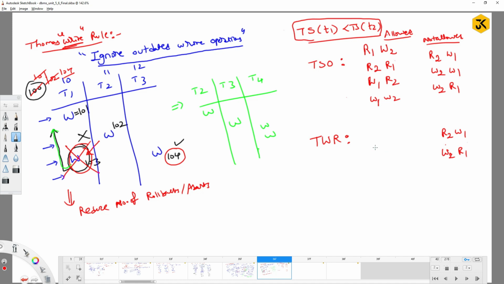So, can I say write 2 followed by write 1 is allowed? Yes, it is going to be allowed. Why is it going to be allowed? Write 1 is the older transaction. An older transaction means it's a kind of outdated write operation. Outdated write operations are simply ignored. That's it.